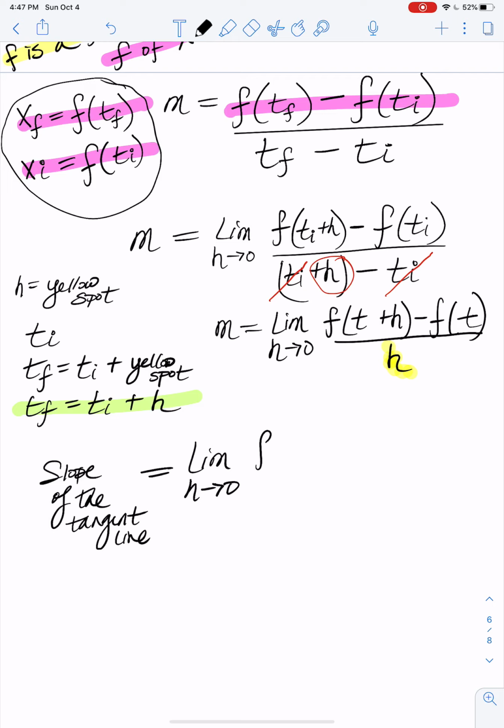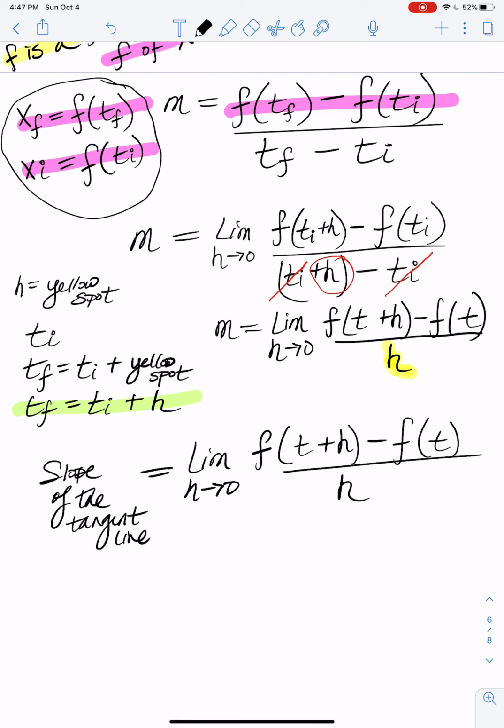And then the slope formula, which is written in math speak like this crazy way. Because the line really is a function of the time we put into it.